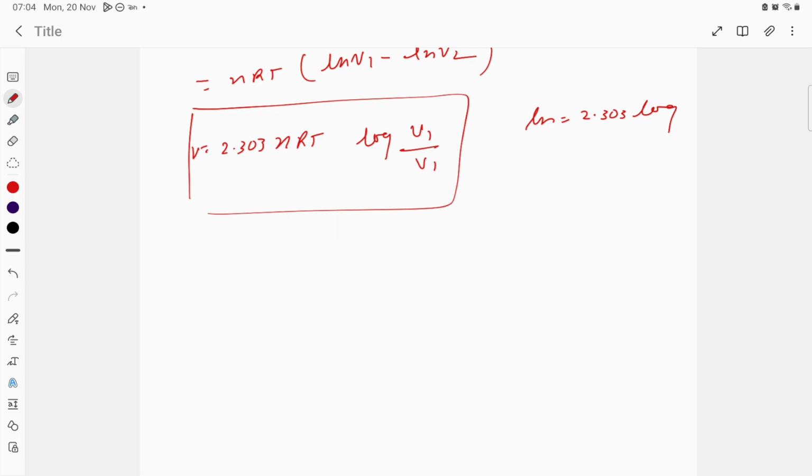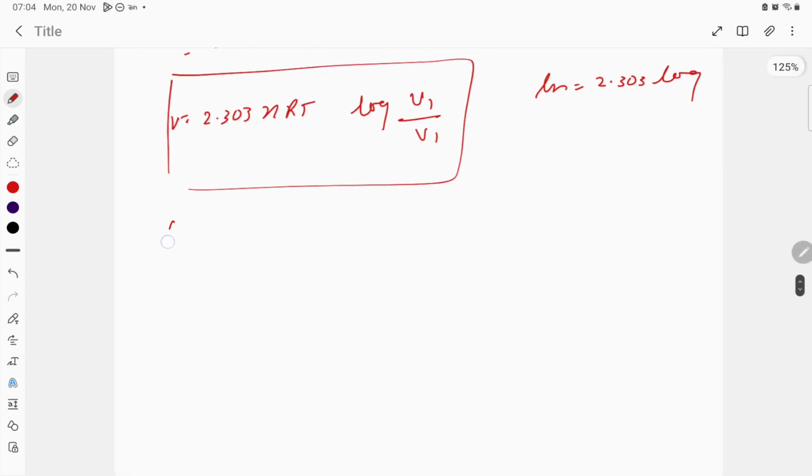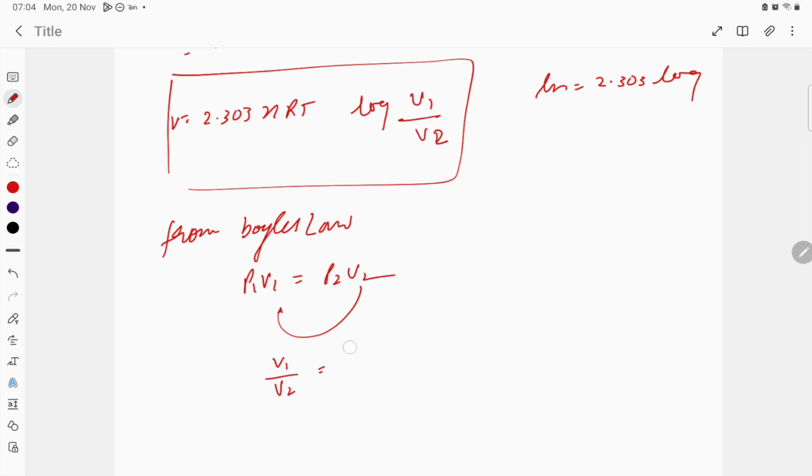Now from Boyle's law you can apply it in terms of pressure. P1 V1 is equal to P2 V2. So V1 by V2 is equal to P2 by P1.